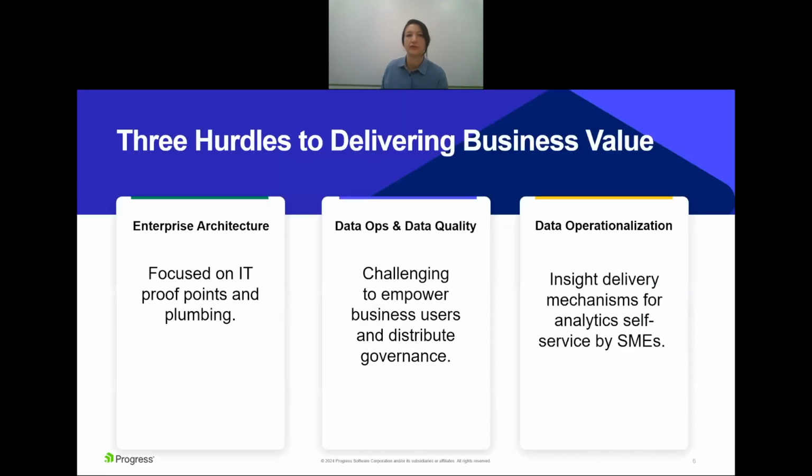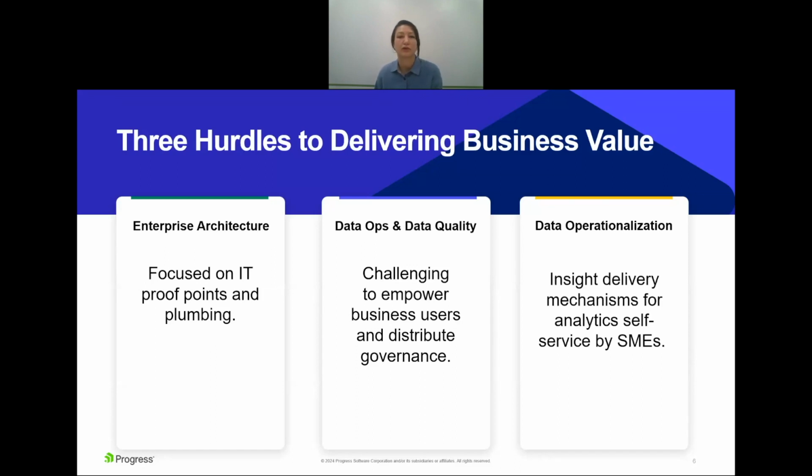What we see from the field are generally three hurdles to delivering business value from data projects. The first one is associated with enterprise architecture, and when decisions are made of data projects being treated as actually IT projects. The second hurdle that organizations need to jump is the convergence of data operations and data quality processes.